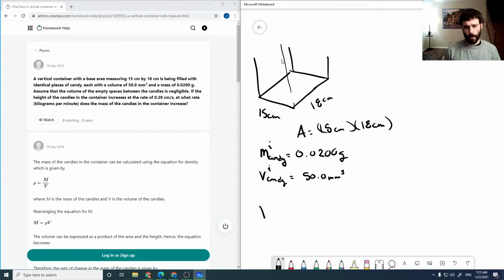So our total volume of candy, in terms of the question here, is going to be our base area multiplied by our candy height.